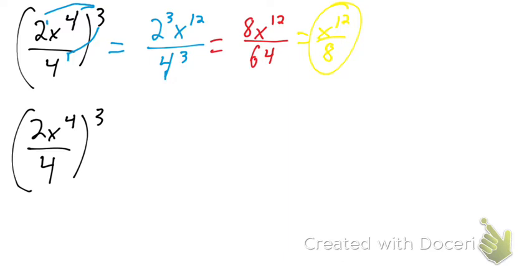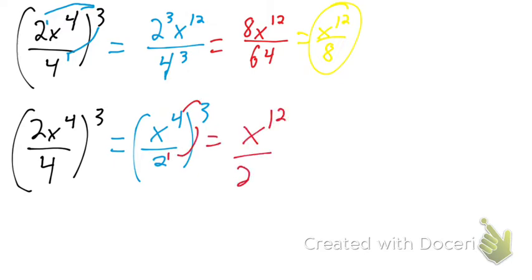Could I simplify the 2 and the 4? What goes into both 2 and 4? 2. So this really becomes x to the 4th over 2, to the 3rd. Now, I distribute the exponent, and it becomes x to the 12th over 2 to the 3rd, which then becomes x to the 12th over 8. Do we get the same answer?